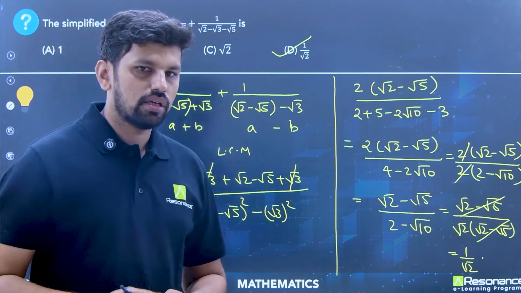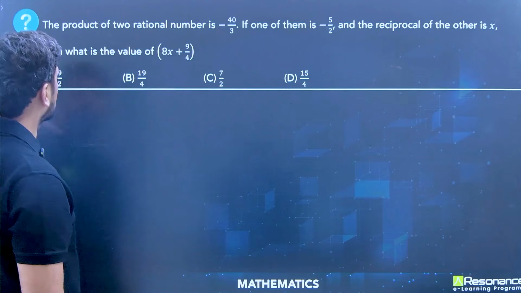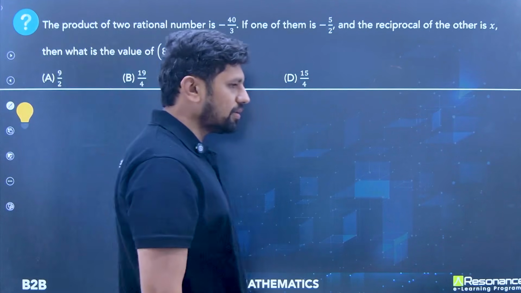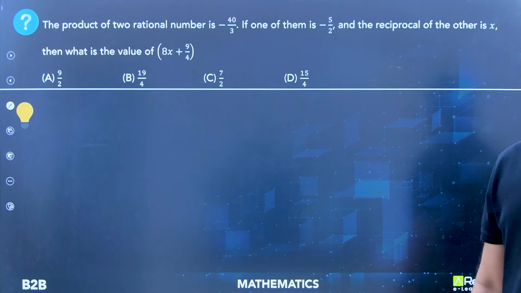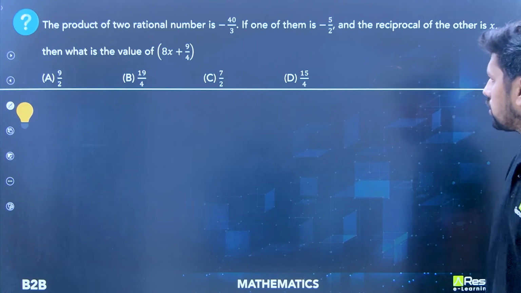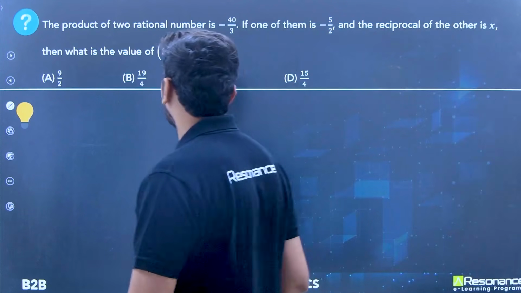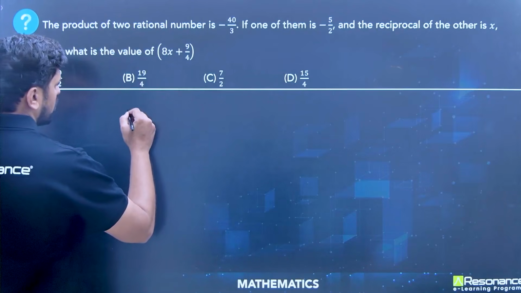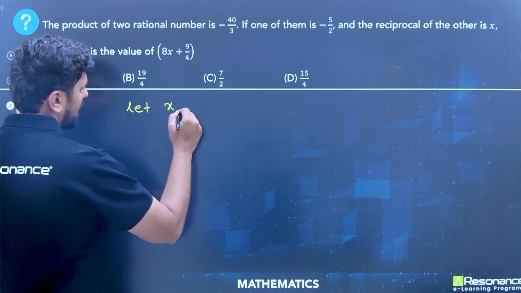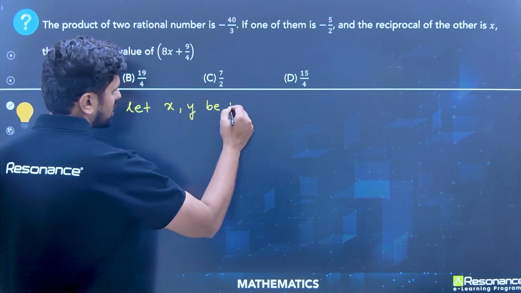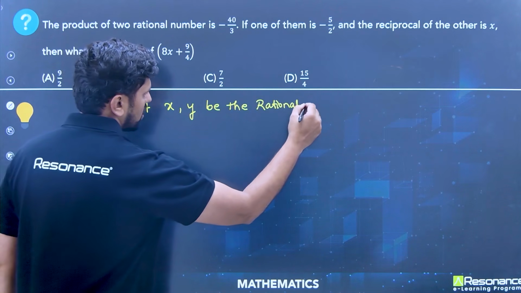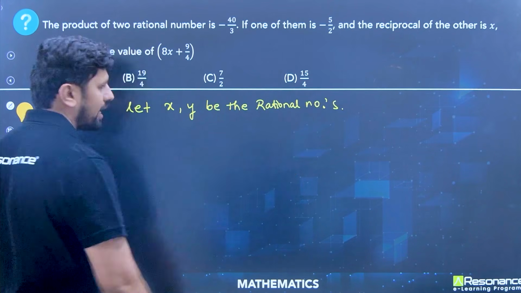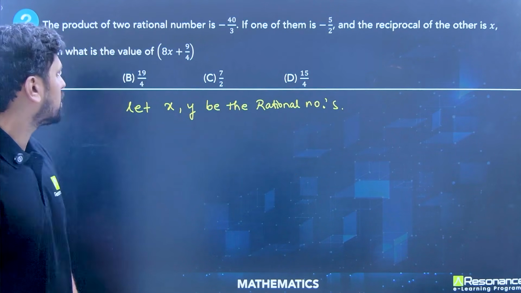Okay. Let's move on to next one. The product of two rational number is minus 40 by 3. Okay. Let's see this. Product of two rational number is, let the two rational numbers be x and y. Okay.